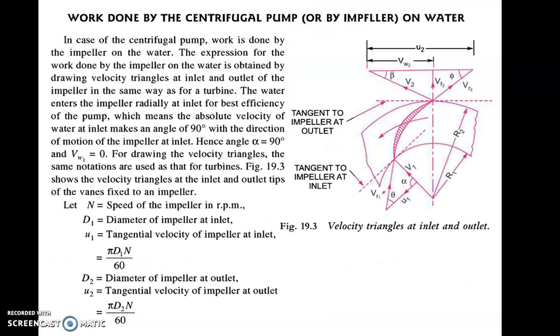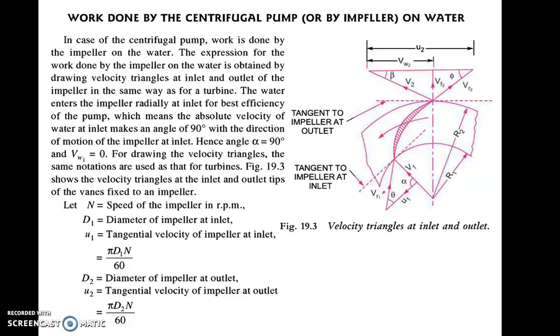Then the most important part of the centrifugal pump is the work done by the centrifugal pump. If you remember Euler's equation of motion, Euler's head or Euler's work is nothing but the work produced by the runner in the case of a turbine. Now here the work is done by the impeller on the water, which is the impeller power.